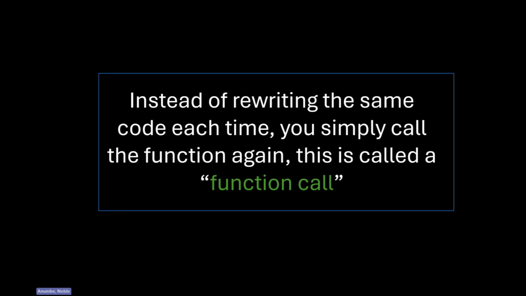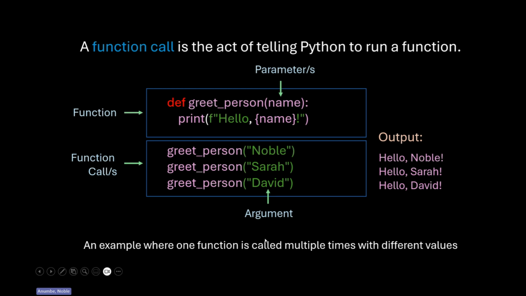So each time you use that shorthand to draw up functionality from the abstracted code, what you're doing is what we refer to as a function call. So essentially a function call is the act of telling Python to run a function. Go there, figure out where that function is, and please run the content of that function.